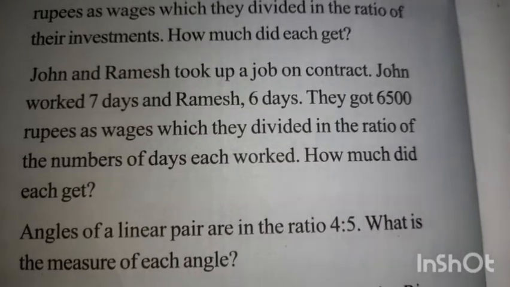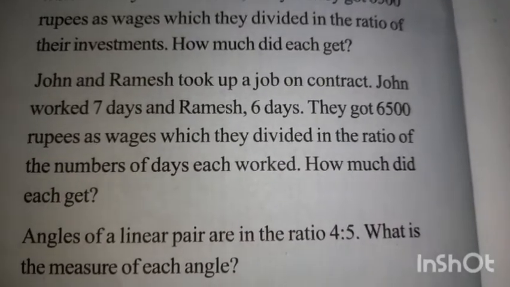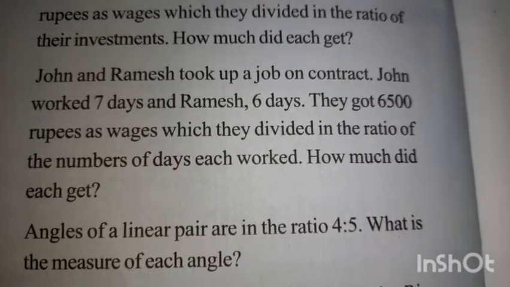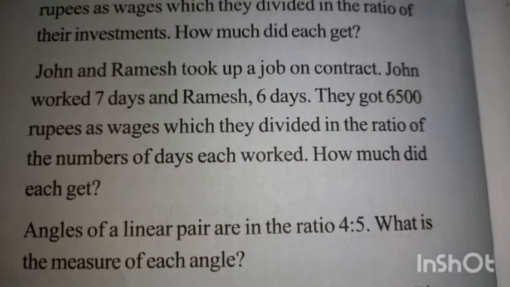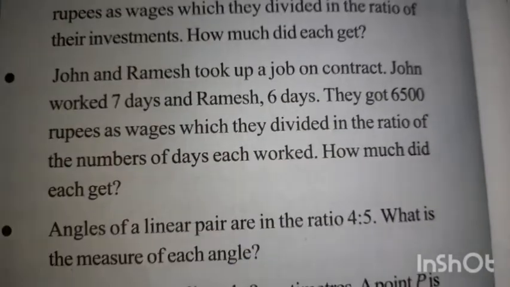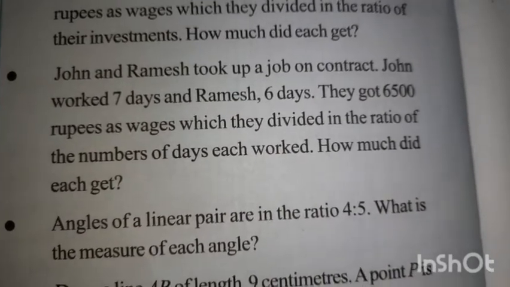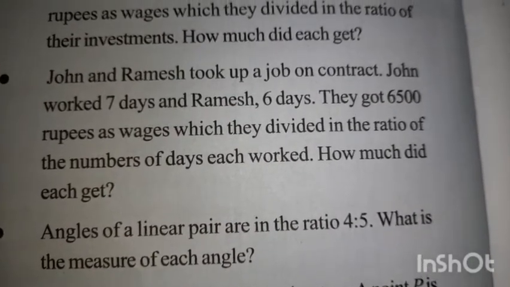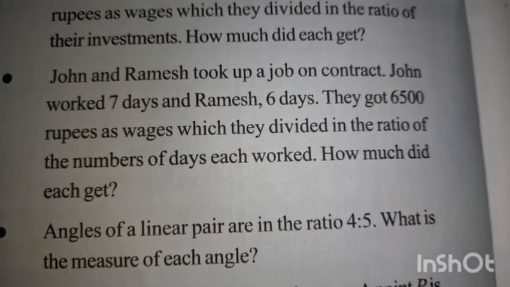So John and Ramesh, they do a job for 7 days worked by John and 6 days worked by Ramesh, and they got a total of 6,500 as wages. So they divided that wages or the salary according to the ratio of the number of days worked. So how much each will get?